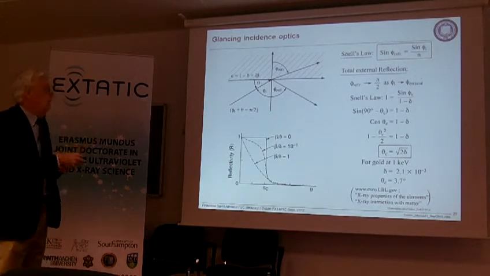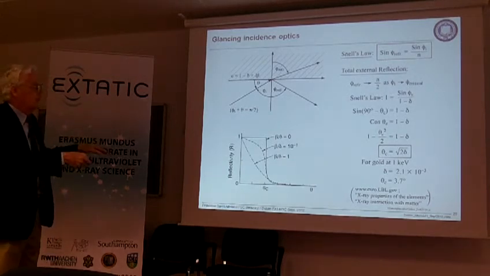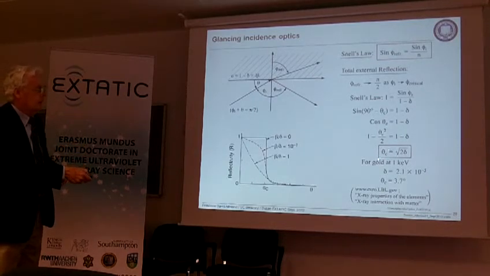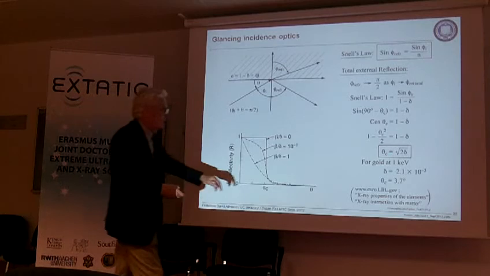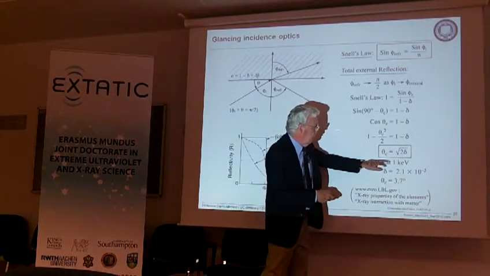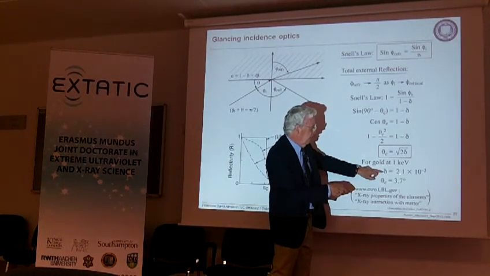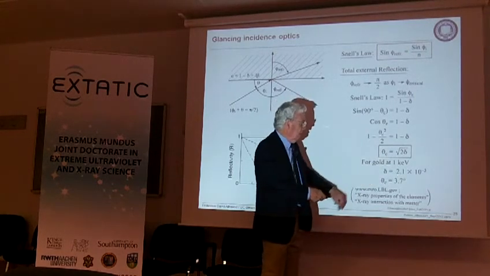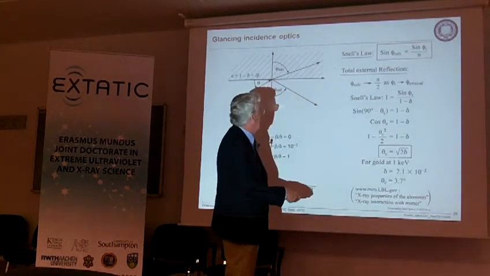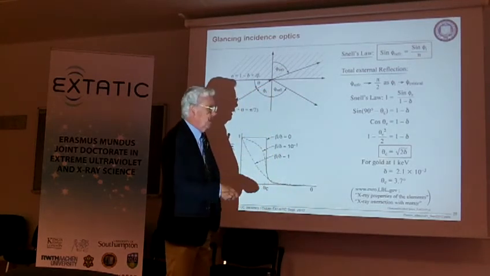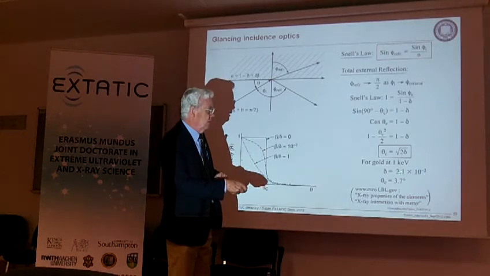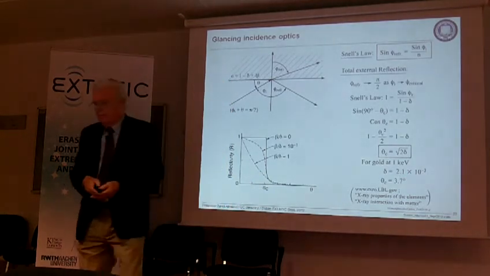We'll just outline it, but we'll go through this graph more slowly and show you that, in fact, this is the critical angle. So depending on the value of delta, this says for gold at 1 kilovolt, delta has this value, and you can calculate then the critical angle is 3.7 degrees. And remember that delta goes as lambda squared, so as you get to higher photon energy, shorter wavelengths, this number is going to get much smaller.